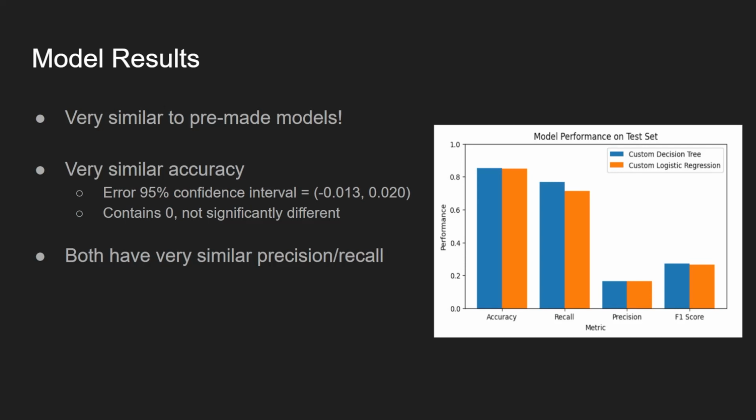The outcome from these models, we saw that they were very, very similar to the pre-made models, which makes sense. They are the same algorithms. We can see again that they have very similar accuracy, which is the pair of bars on the left. And again, we did a statistical test and saw that the difference between the two models was not significant. One thing that is interesting to note is that the recall, precision, and F1 score are now even more similar to each other than we had before.